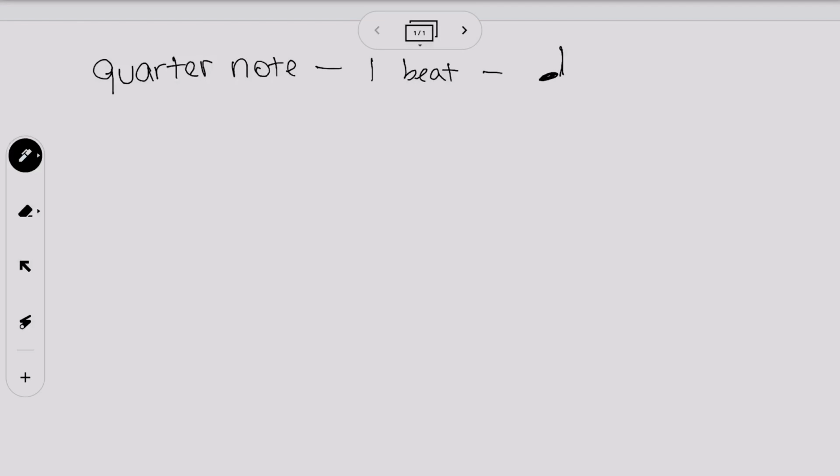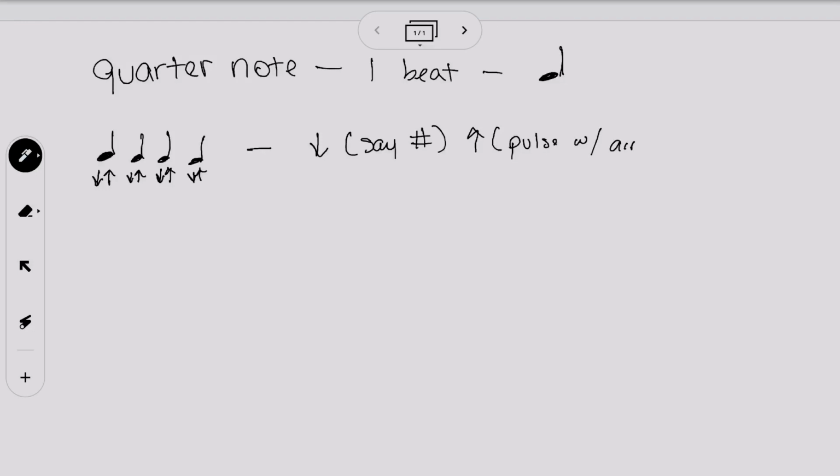We also learned that these quarter notes have 2 directions. Our foot goes down and up. We learned that when our foot goes down, we say a number. When our foot goes up, we do what's called a pulse with your air.